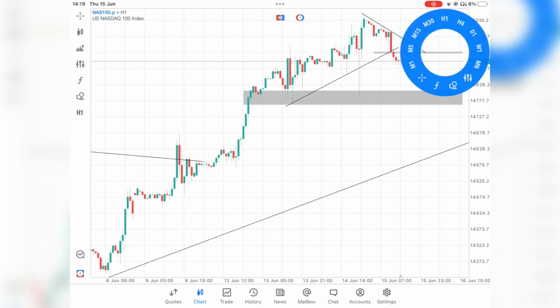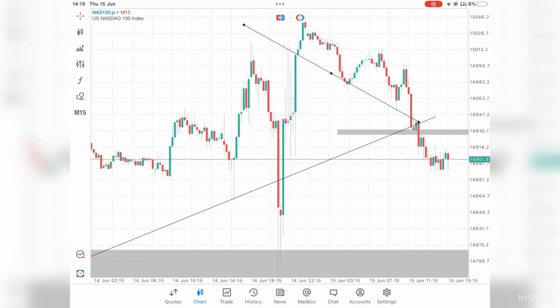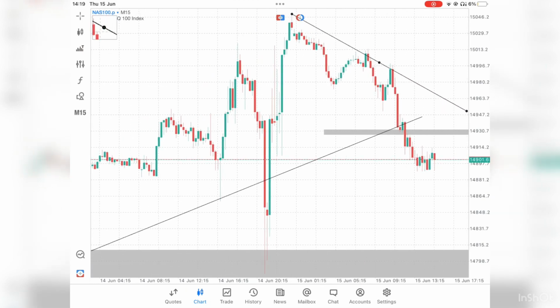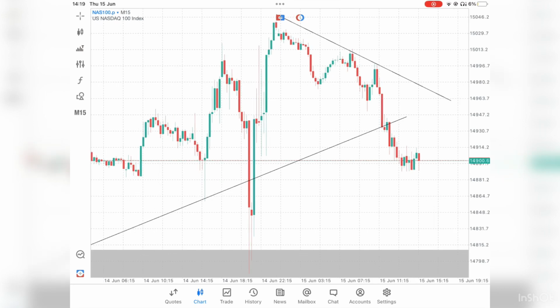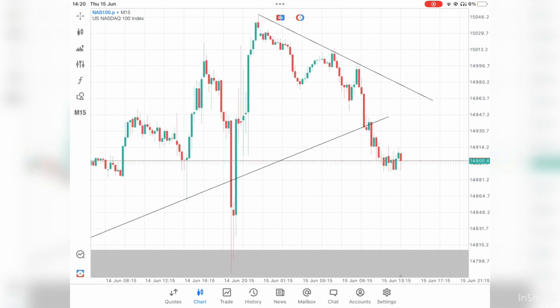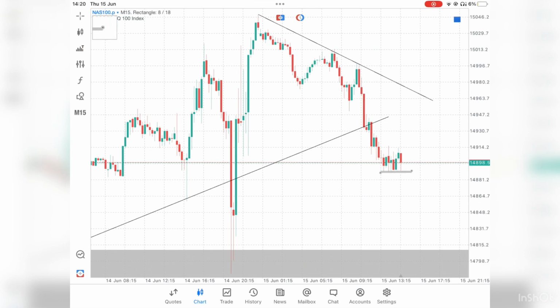So it doesn't mean that if your bias for the day is a buy, you should avoid selling trades. If you can identify a sell trade and you know that you can take the trade and efficiently manage the trade, then you're more than welcome to take the trade. But you must at least have some experience in trading before you can exercise something like this.